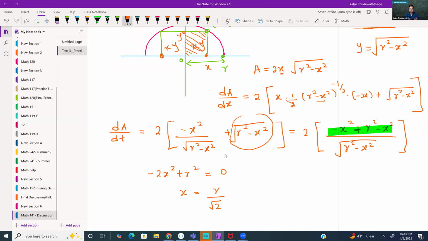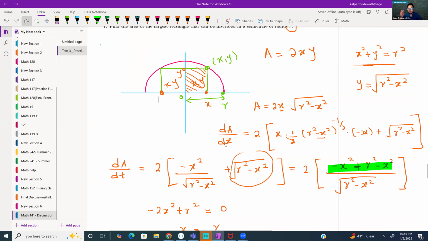Okay, because you can consider your x distance as positive. Actually x is not the width. 2x is the width, height is y. So this is width and this is height.